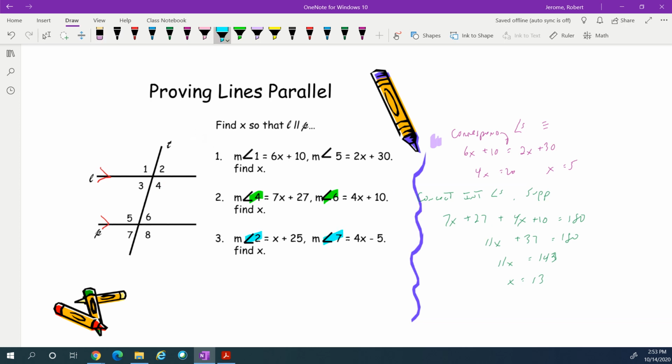2 and 7. We want to make the lines parallel. So we're going to make the alternate exterior angles congruent.